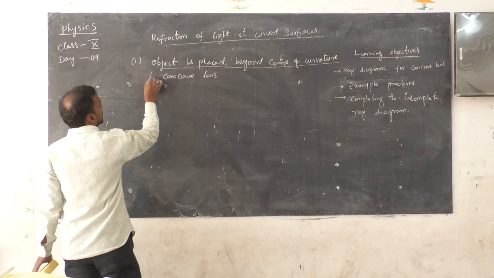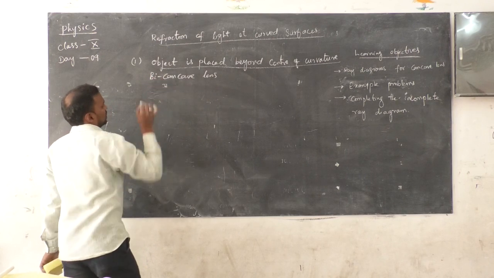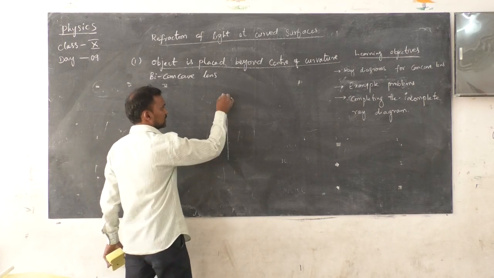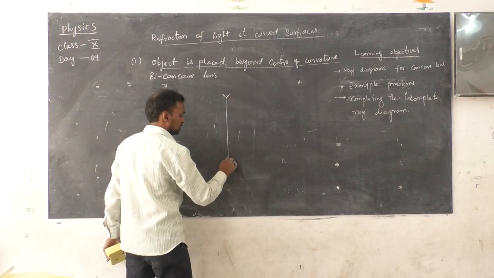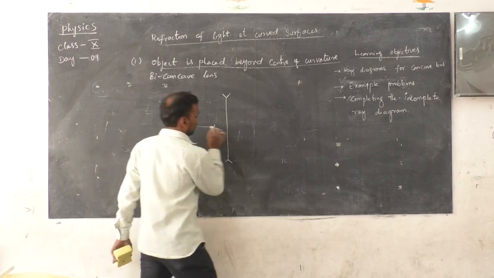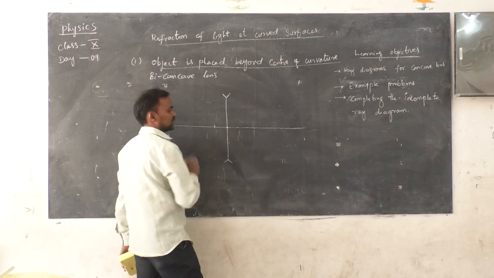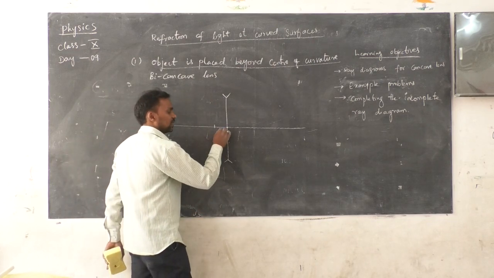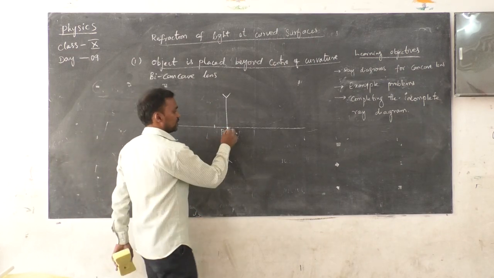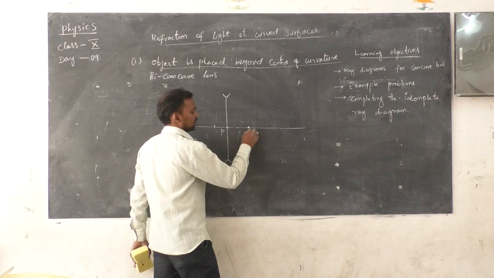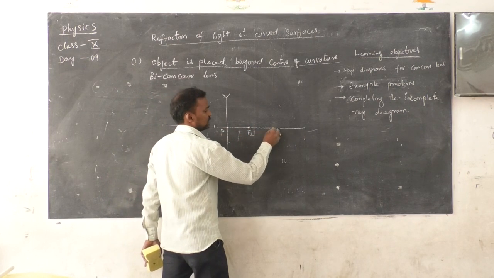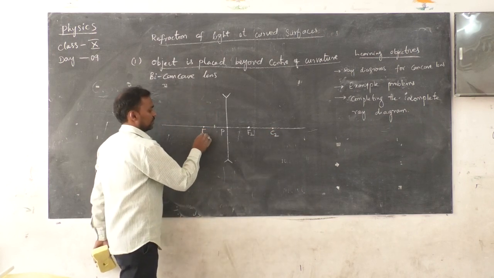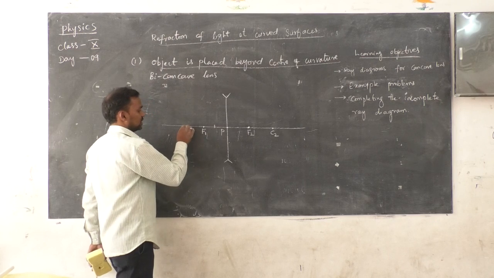For this lens, we will draw the symbol of the lens like this. This is the lens, and we have this principal axis. The meeting point of this lens and this principal axis is called the optic center P. And from here to here, we call it F2, and this is C2. And this side will have F1, and this is C1.